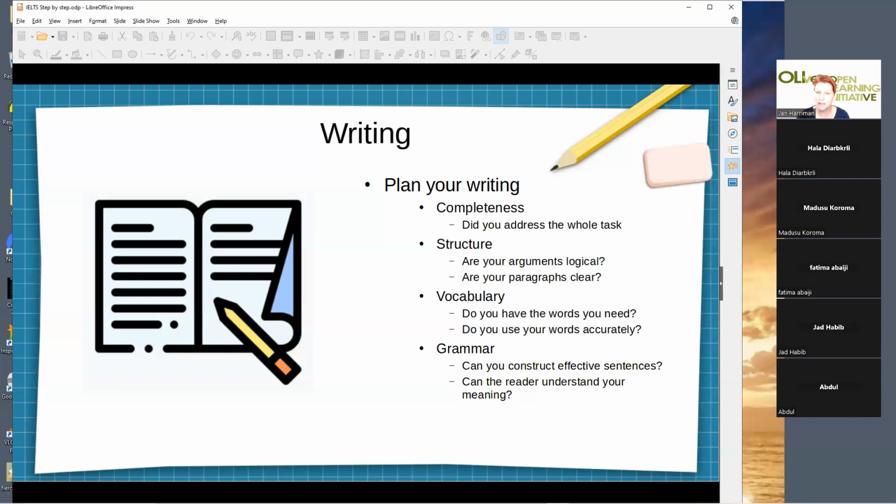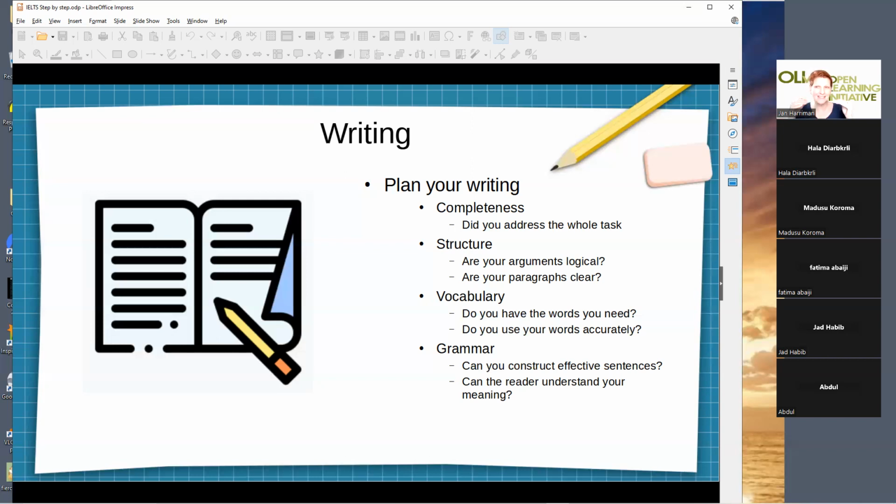And can the reader understand your meaning? Even in band 8, you are allowed to make mistakes. The difference between level 5 and level 6 is sometimes in band 5, your meaning may be hard to understand.